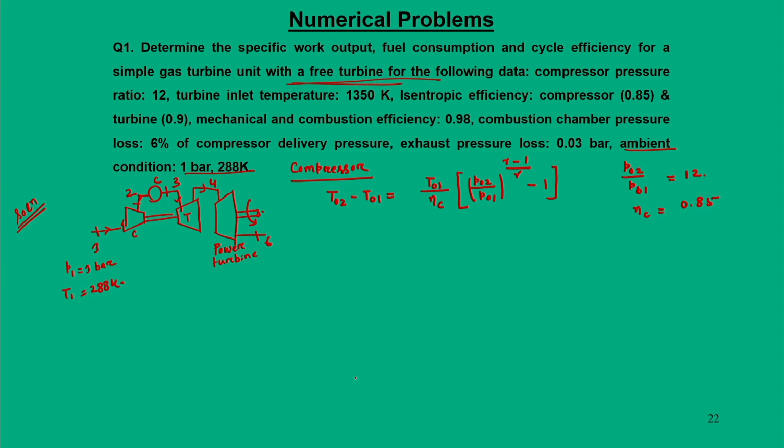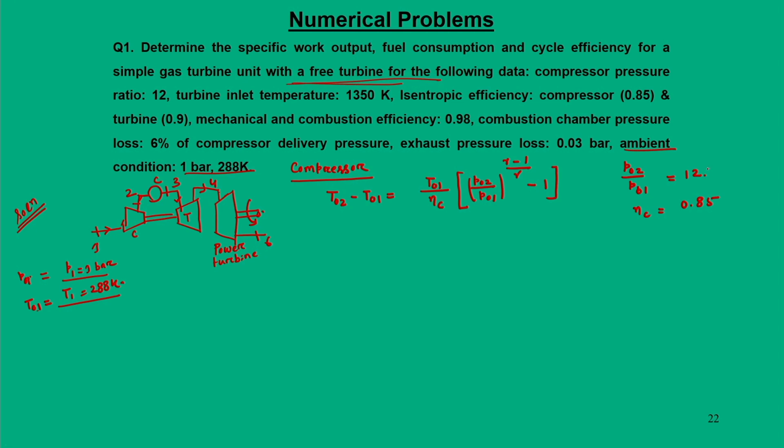Instead of T1 we have to say T01, because this is the ambient condition, where static and stagnation temperatures are the same, since by default it is at zero velocity. Similarly, P01 is also P1.